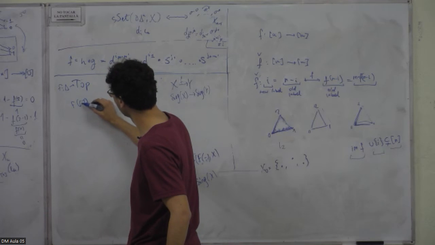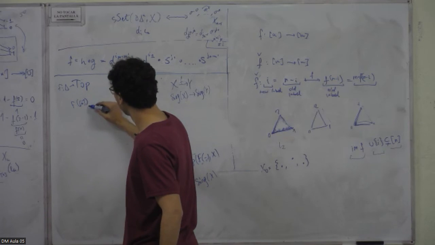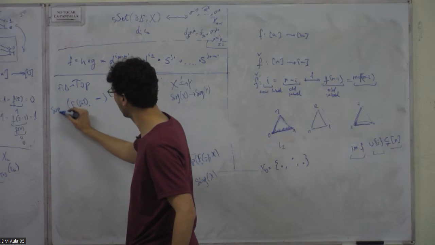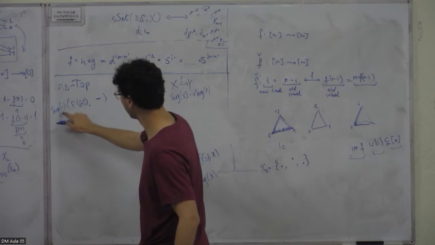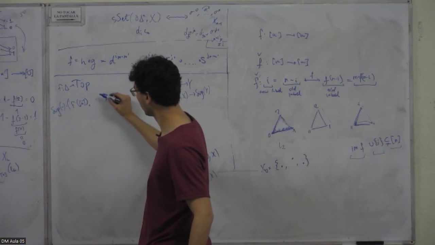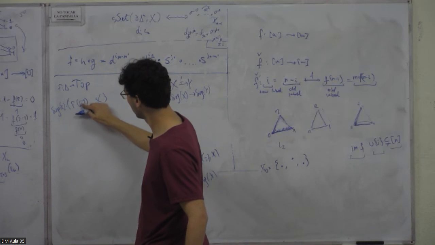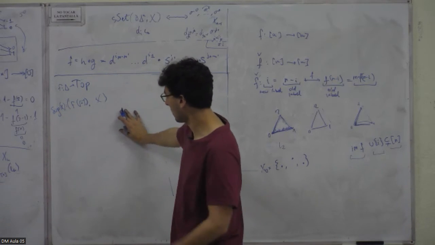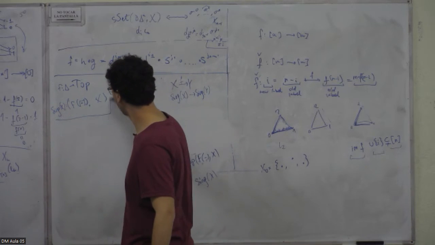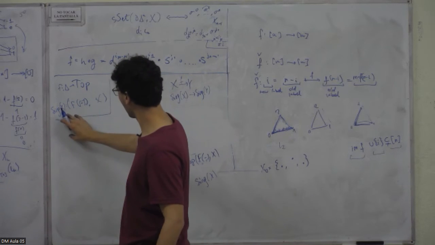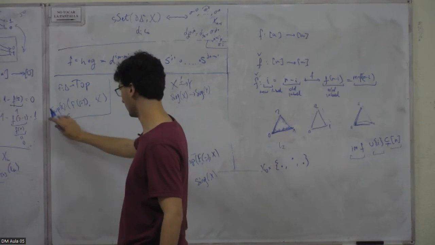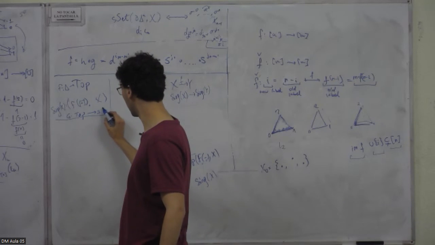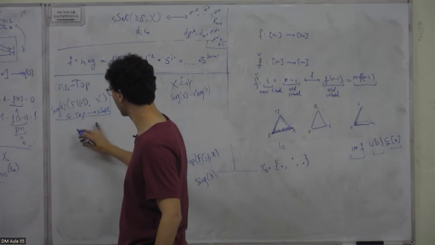Here goes some n, but n varies. So this is the Sing functor. To each X, it gives this. I can copy this kind of construction, and generally it gives a functor from Top to simplicial sets, and I can mimic this construction.